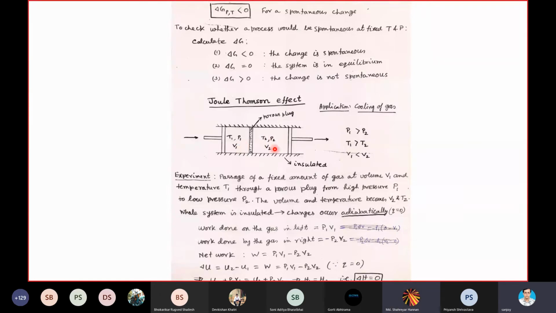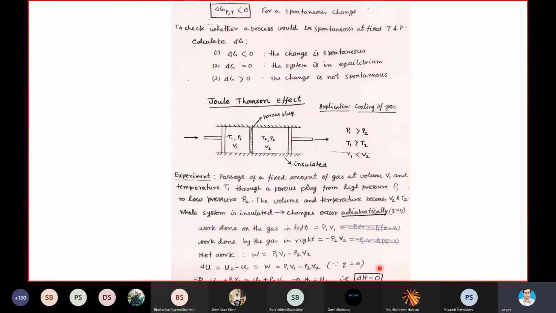Here initial volume 0, final volume V2. That's why you have written work done on the left as P1 V1. Exactly. Okay, sir. So it is finally 0 minus V1 volume. Here the volume change is V2 minus 0, final minus initial. Okay, that is why the work done is so.